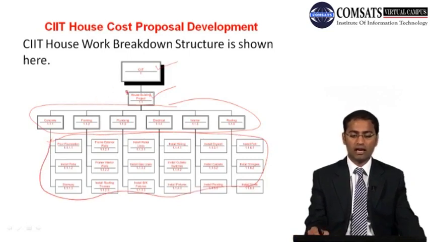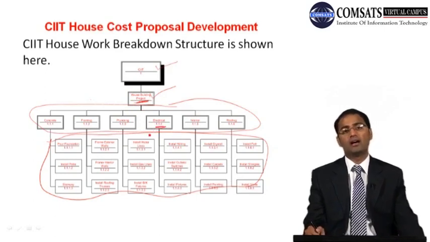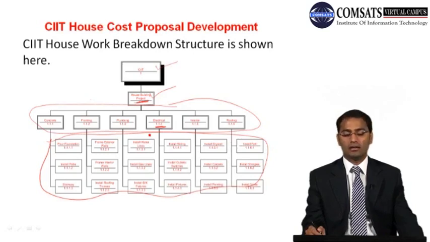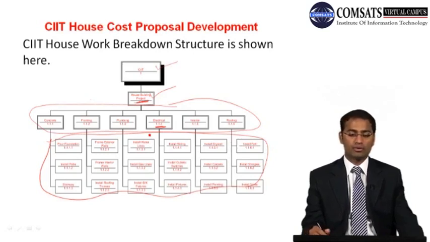Okay, and then we had the explanation. Well, this is the name of the work element, and this number 1.1.4 is called the WBS code. This was discussed in detail in another class.